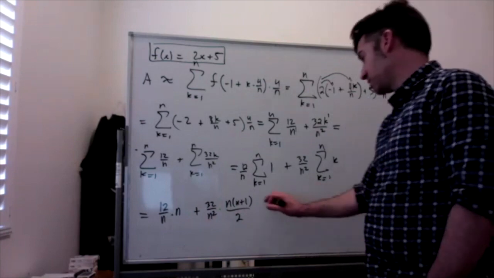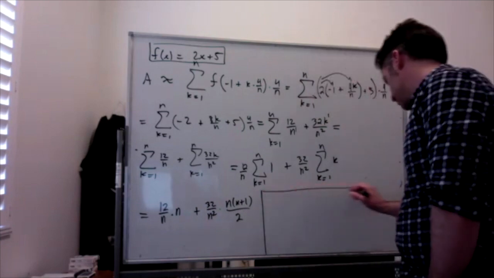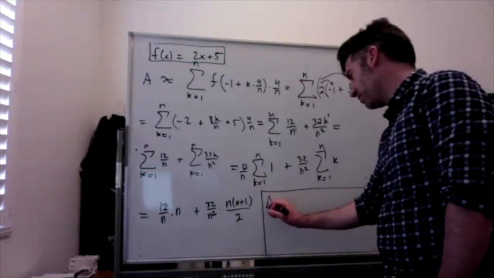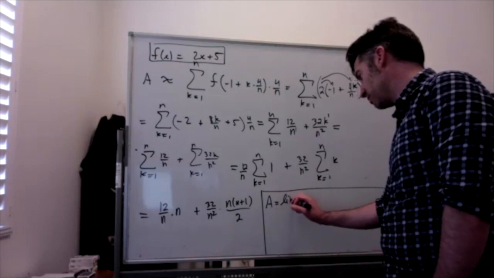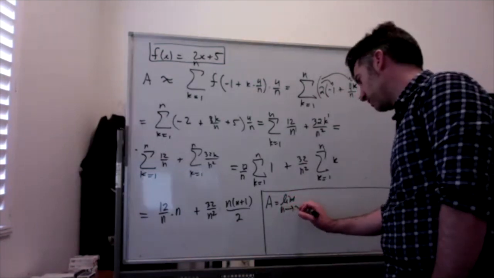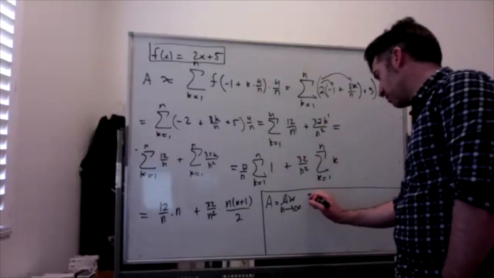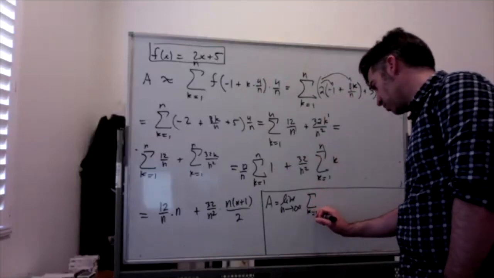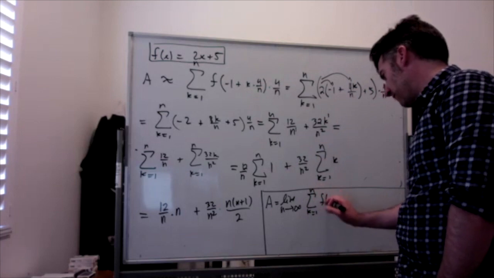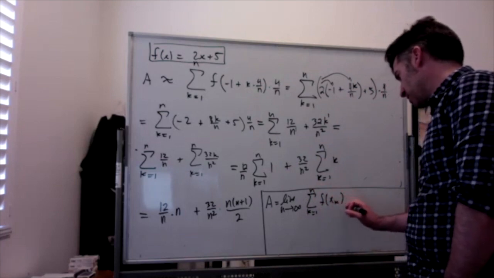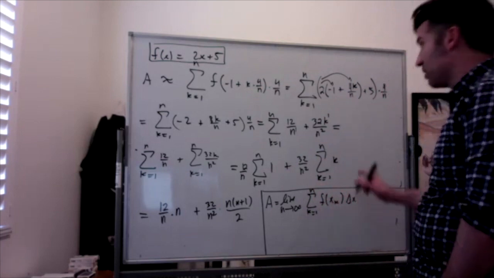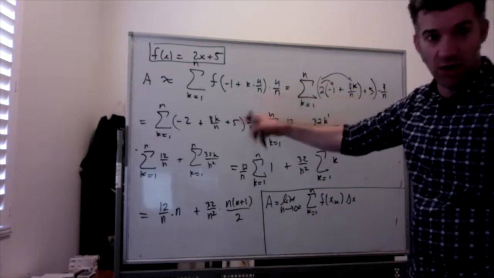So now here's what we're going to say. The actual area is equal to the limit as n goes to infinity of the sum from k equals 1 to n of f of x sub k times your delta x, which is what this is. And then we did all this work.